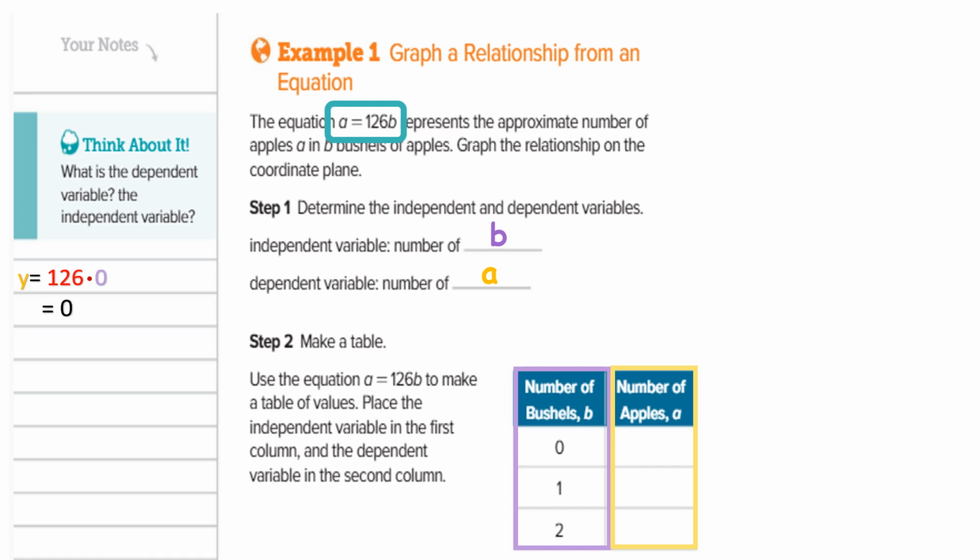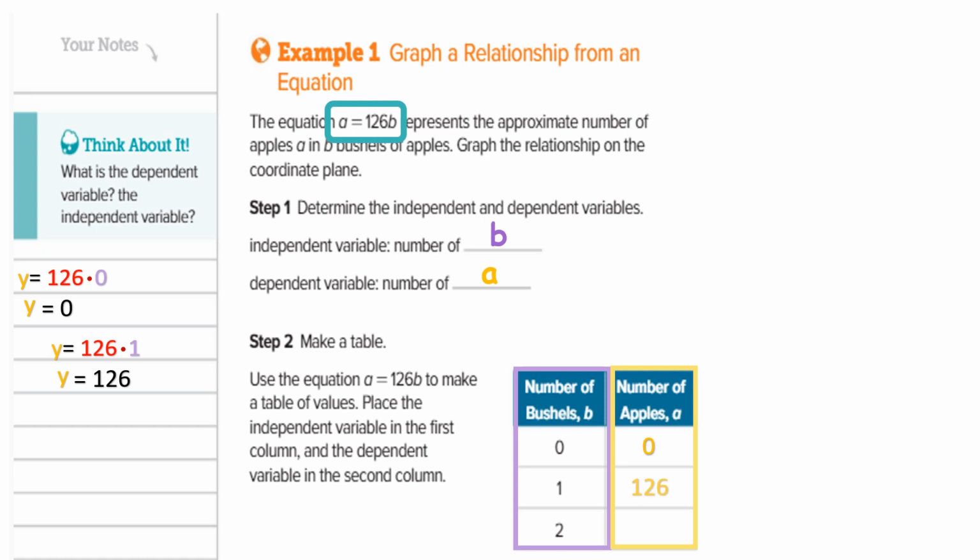Therefore, I have y is equal to 0. Easy enough. My next independent variable they give me is 1. So now I'm going to multiply by 1. Identity property of multiplication: any number times 1 is going to be that number. So 126 times 1 is simply y is equal to 126, or in this case, the A is equal to 126.